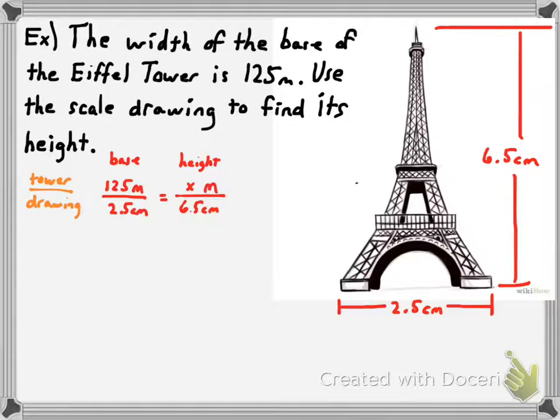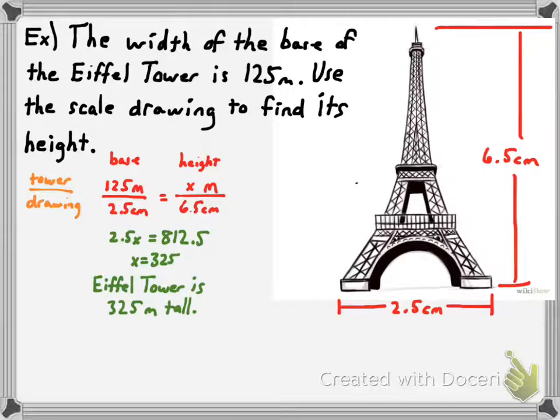So 2.5 times x, the product of the means, equals the product of the extremes, 125 times 6.5, which is 812.5. Then we divide by 2.5 and find that x is 325, meaning the Eiffel Tower is 325 meters tall.